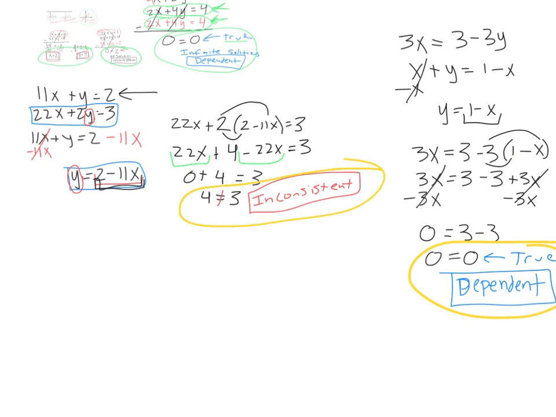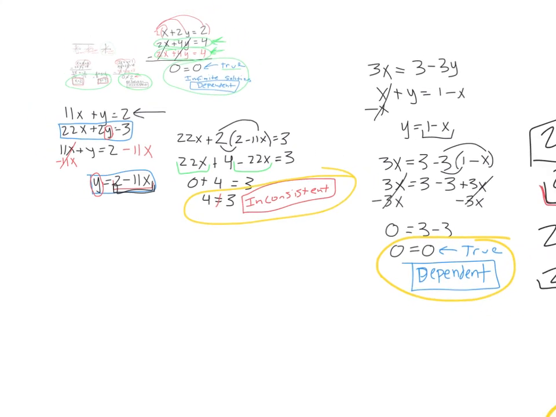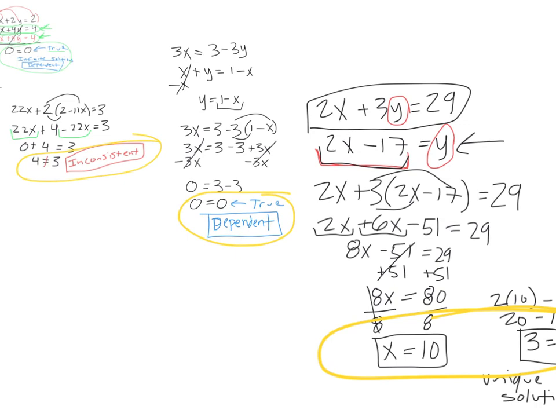They have the same slope but different y-intercepts. Algebraically, just like a dependent system, the variables drop out, they cancel out, and we're left with a statement with just two numbers, but the statement isn't true, like 4 does not equal 3, right? So that would be inconsistent, dependent, and unique solution systems of equations.